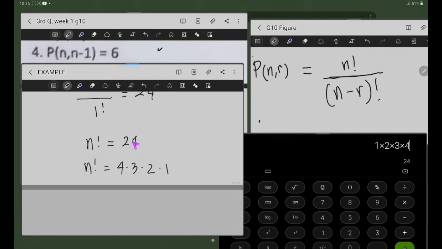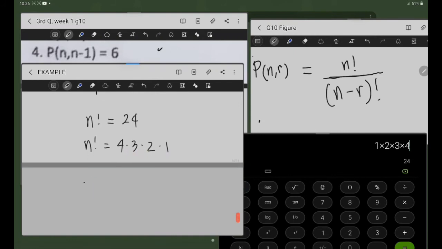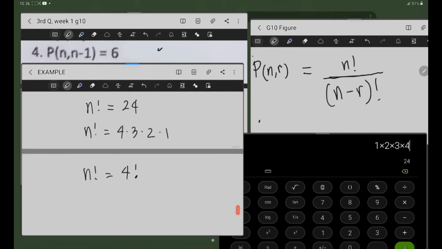So 24 is equal to 4 times 3 times 2 times 1. So yung n natin dito is equal to, kasi this is 4 factorial, so n factorial is equal to 4 factorial. Okay, ganun. So n is equal to 4.